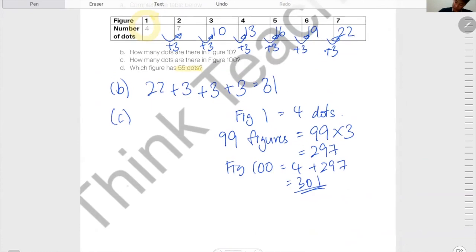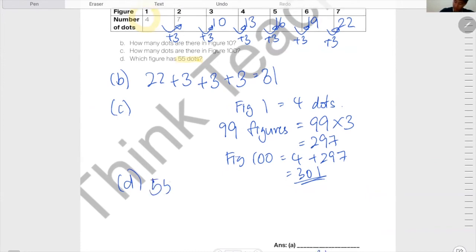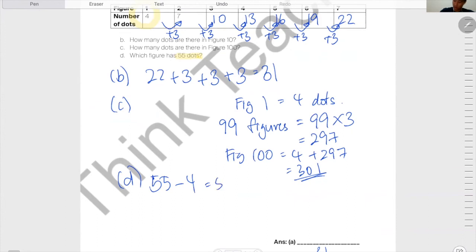For D, I'm going to show you the same thing again. Figure 1 has 4 dots. So the first thing I'm going to do is take 55 minus 4 equals 51 dots. I'm going to remove figure 1 first, because I know that between figure 1 and whichever figure I have in D, there will be an additional 51 dots.